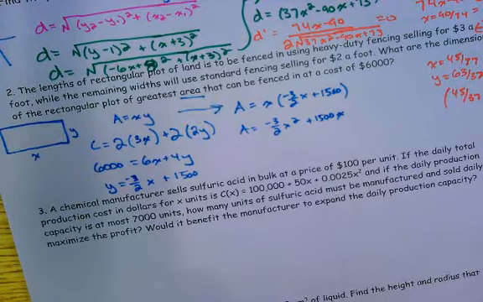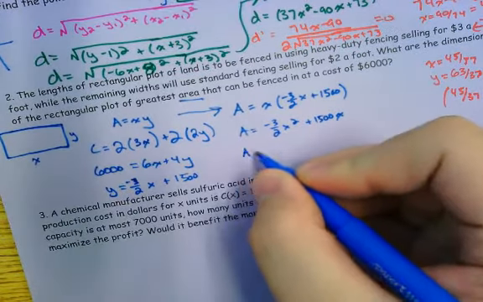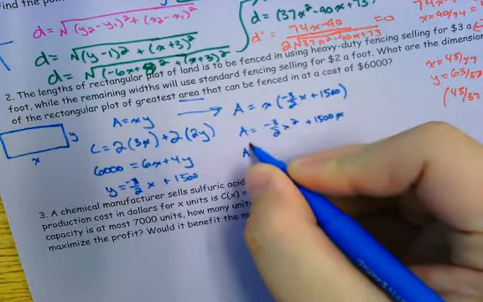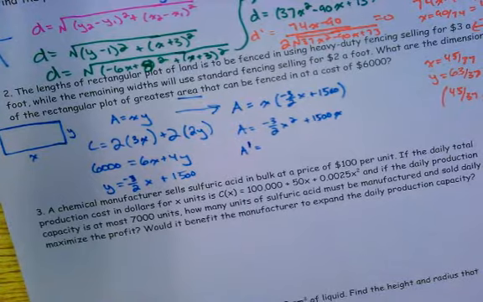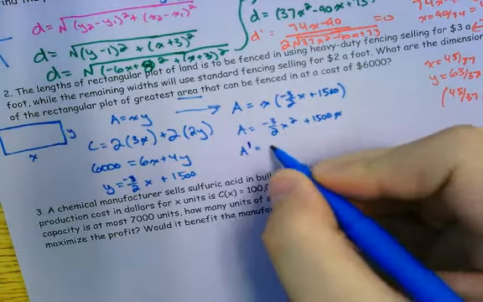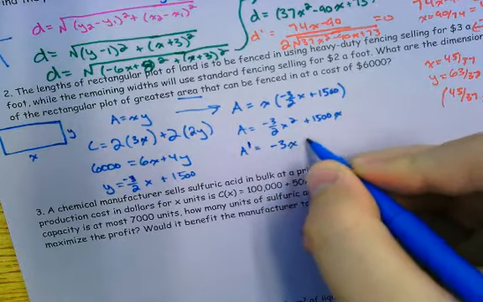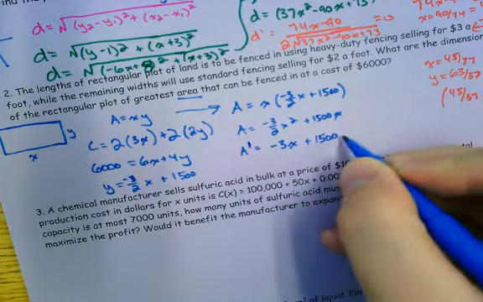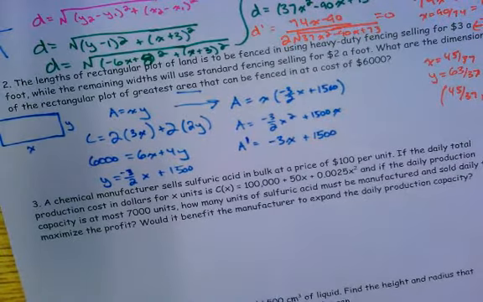Alright, ready for the derivative now? Let's do it. What's the derivative? Negative 3x plus 1,500.